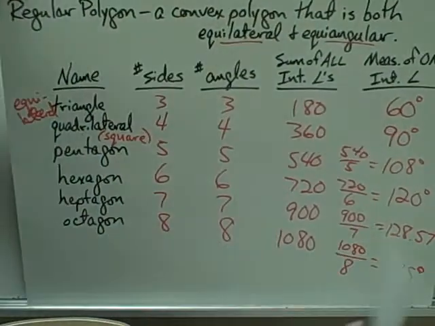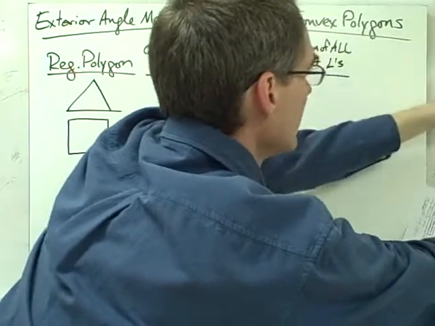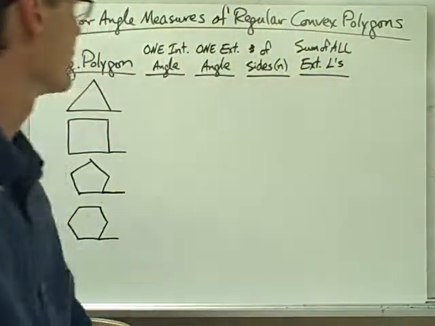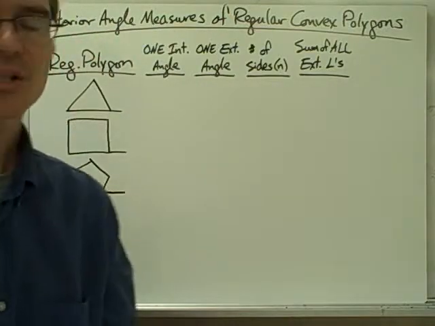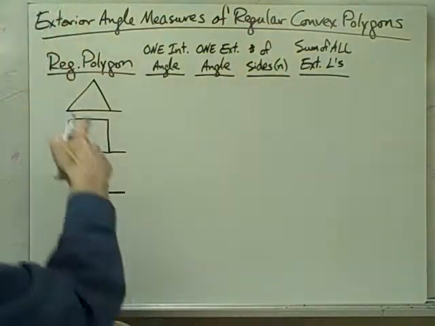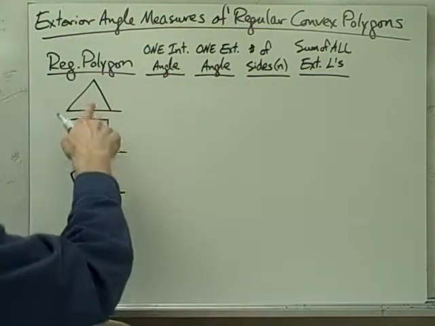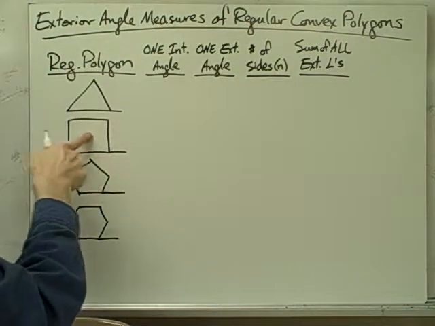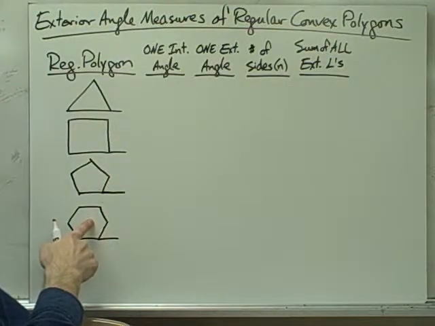All right, now, one of the things that we can use that information for is to talk about the exterior angle measures of regular convex polygons. So let's take a look at just these 4 types of regular polygon: a regular triangle, a regular quadrilateral or a square, a regular pentagon, and a regular hexagon.